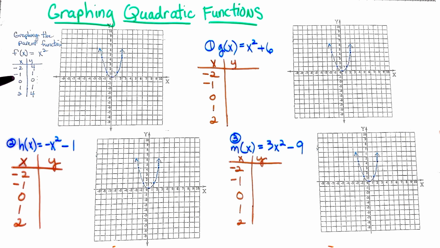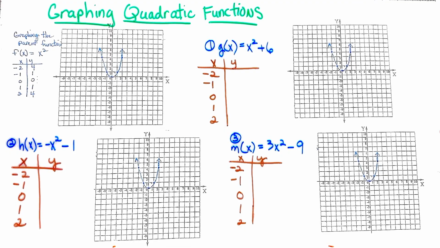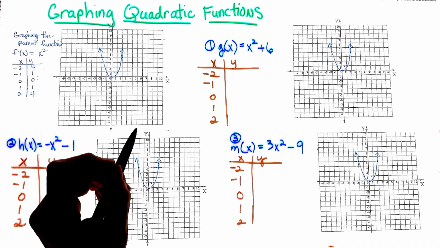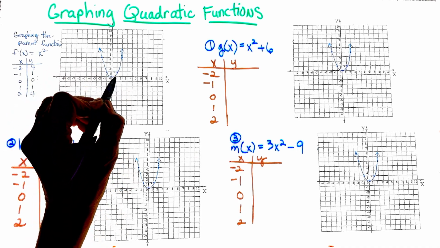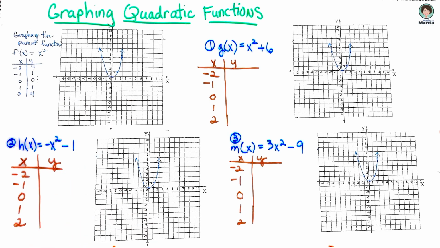The values for -2, -1, and 1, 2 do match. That is what happens when we're working with a quadratic function, where the variable is squared. So this is the parent function, and we're going to be making comparisons to it.